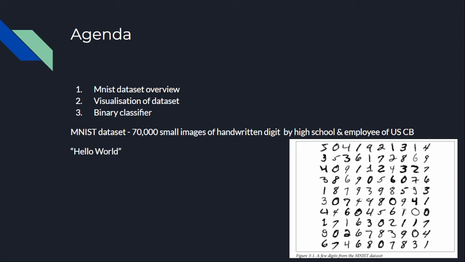We will learn what the MNIST dataset looks like, and we will try to visualize this dataset. We will print some numbers using Matplotlib, and we are going to do one basic machine learning problem called binary classification. So, not wasting too much time on detailing, let's jump to the Jupyter notebook.